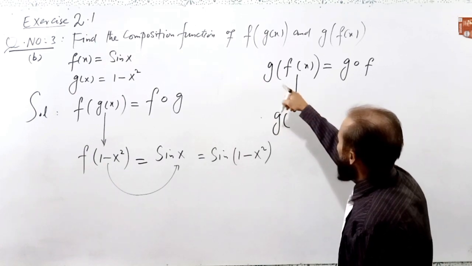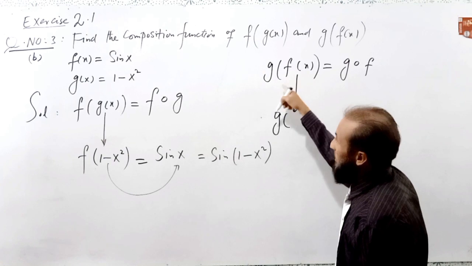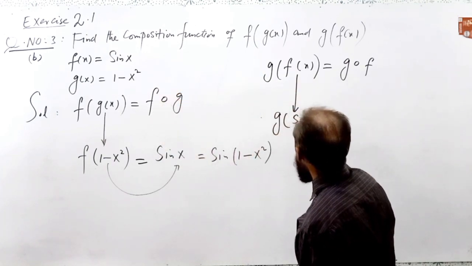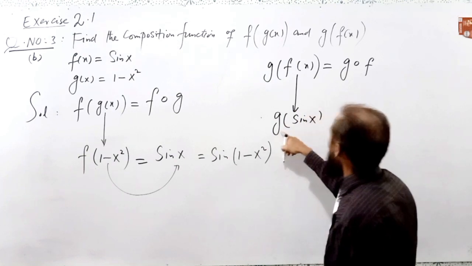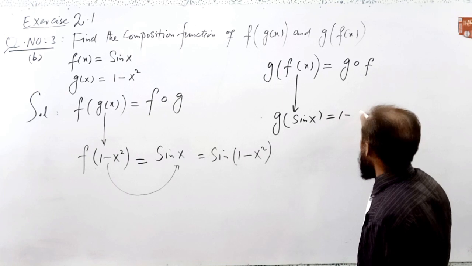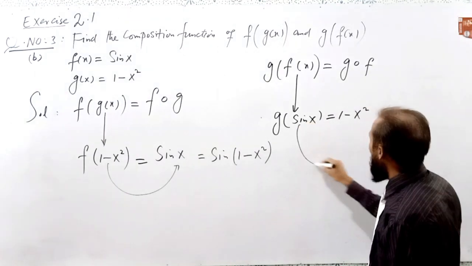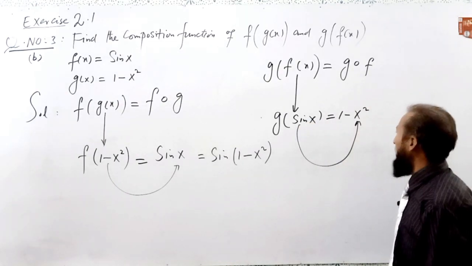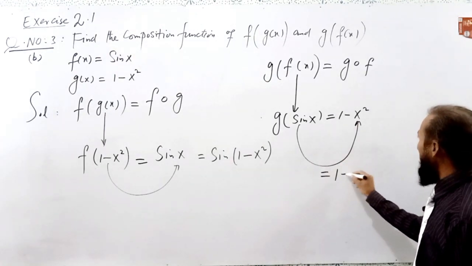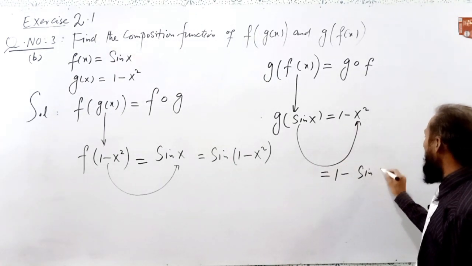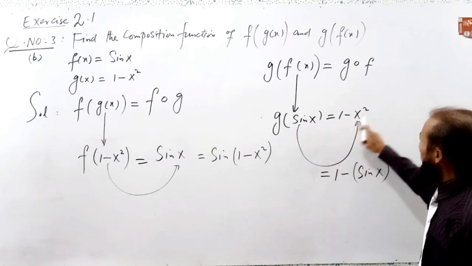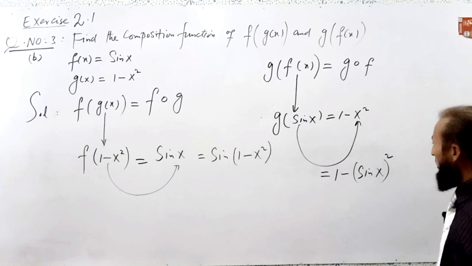F of x is given as sin x, but g of x is given as 1 minus x square. So in the variable x, we put sin x. The result is 1 minus sin x whole square.